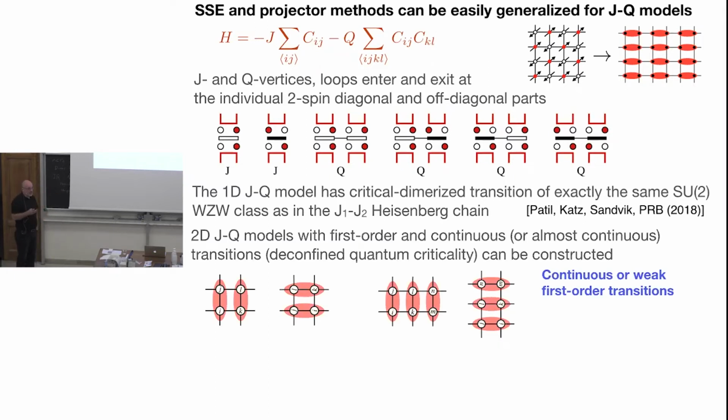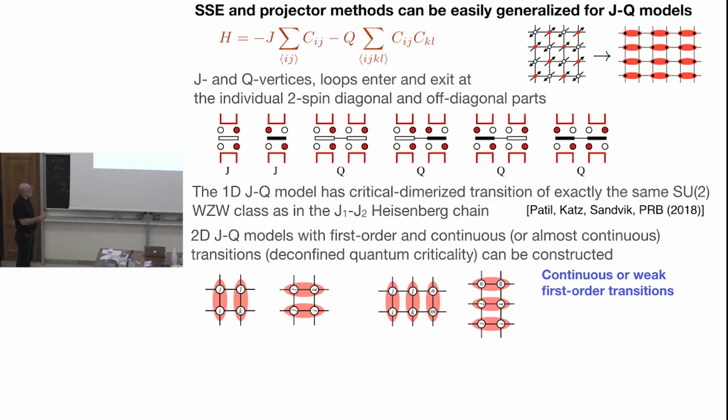Now, when we go to 2 dimensions, which is the more interesting case, these are the pictorial representations of these Q interactions. So this is the Q2 interaction where you have these singlet projectors again, appearing in a product, and you want to sum over all lattice locations and also rotations so that you don't break any symmetries of the square lattice by hand.